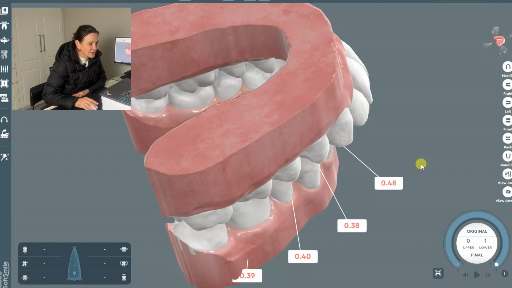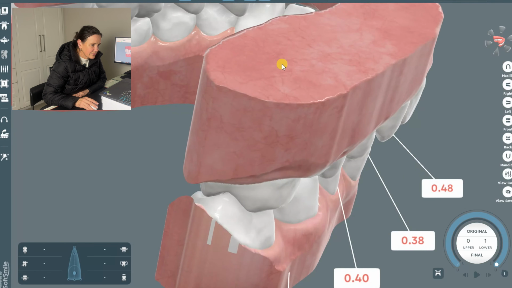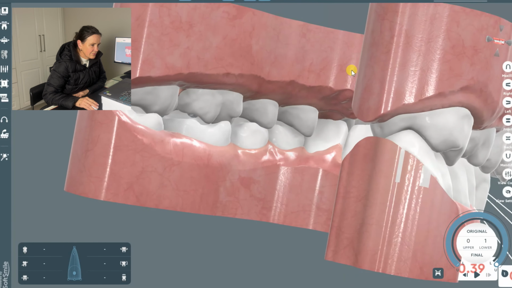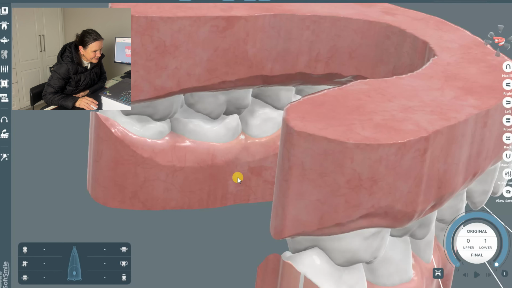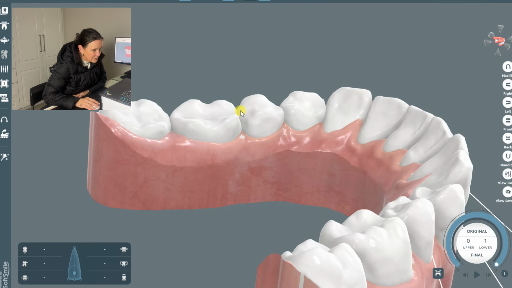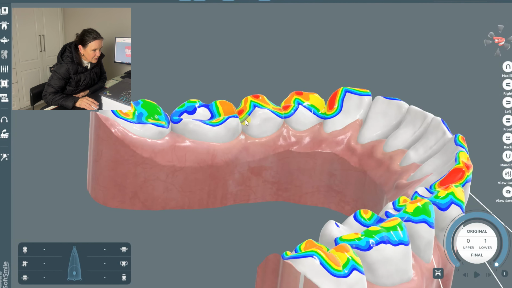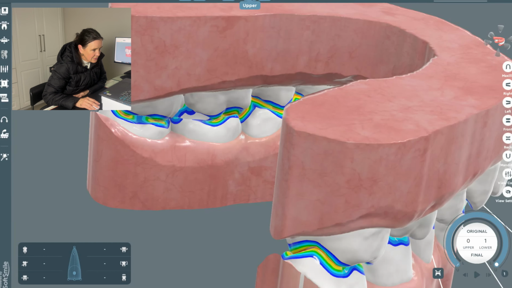Remove the contacts and let's see what we have. So we're doing something there. Right there, let's see. And that is a hard contact there.